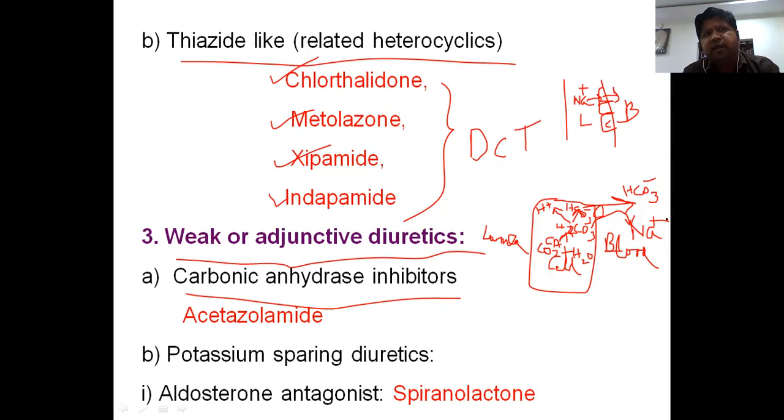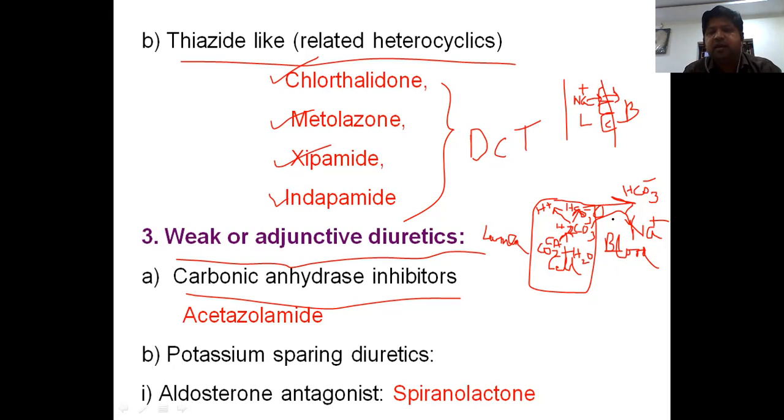If sodium accumulates, water will also accumulate, and in those circumstances we have to remove sodium. Simultaneously water will also be eliminated through urine. So we should not allow the sodium to get reabsorbed. You have to eliminate the sodium, and the major role of diuretics is to increase the excretion of sodium and water.